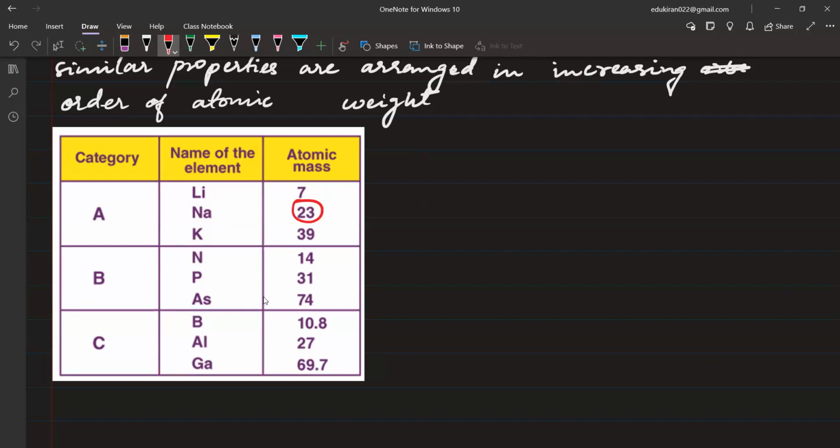If you add 39 plus 7 divided by 2, how much will this be? 39 plus 7 is 46, and 46 by 2 is equal to 23. Similarly, nitrogen, phosphorus, and arsenic, and boron, aluminium, and gallium. In all of these, the middle element had an atomic mass equal to the mean of the other two. Okay, so please write this down.